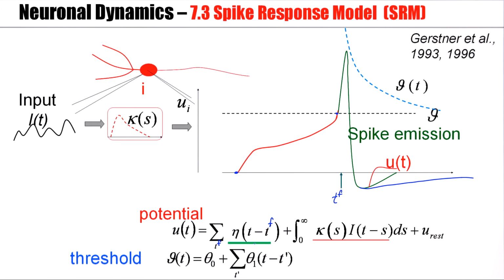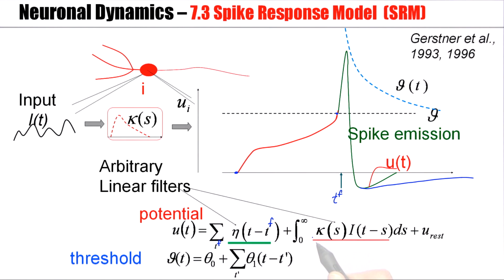So this is the essence of the spike response model. And note that even though we have come from the integration of the leaky integrate-and-fire model with adaptation, in the end, these kernels or filters can be chosen completely arbitrarily in a way that they would best fit experimental data.